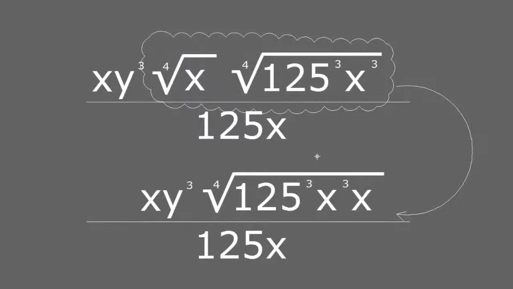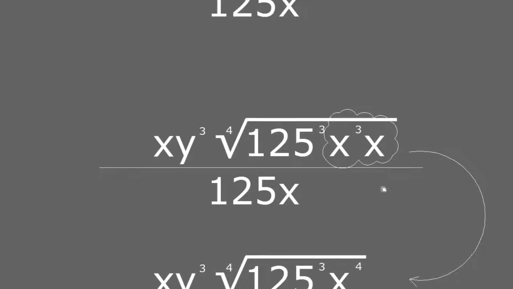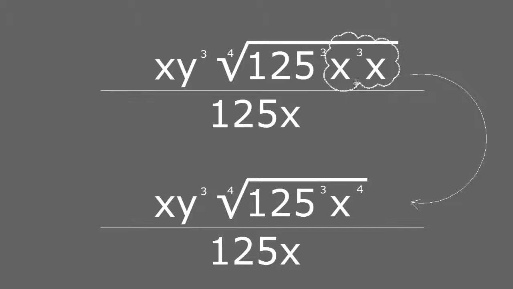Okay, so I now have on the inside of the radical sign x cubed multiplied by x, and x cubed multiplied by x is x with an exponent 3 multiplied with x with an exponent 1 equals x with an exponent 4. I keep the same base number, or in this case base variable, the x, and I add the exponents.